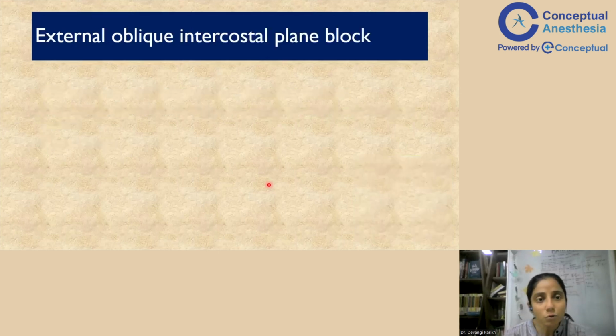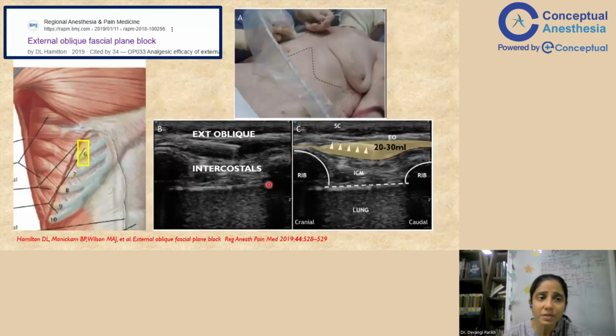Now with that, I'll come to the next block, which is the external oblique intercostal plane block. This was by Hamilton et al. in 2019, and he applied this block in a cadaver. So what did he do? He applied the linear transducer in the parasagittal plane at the level of the 6th costal cartilage. So how do we decide which is the 6th costal cartilage?